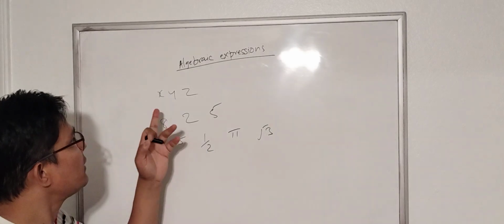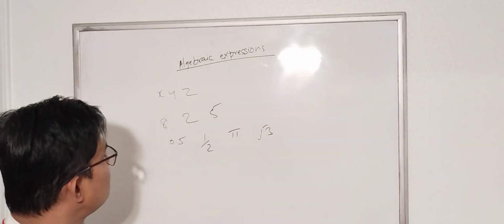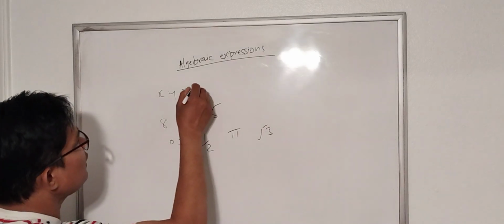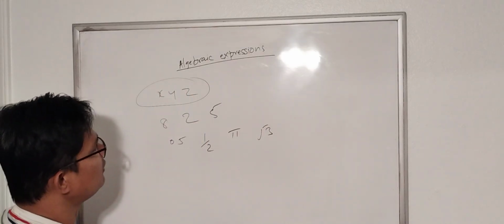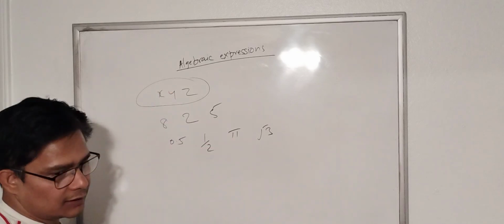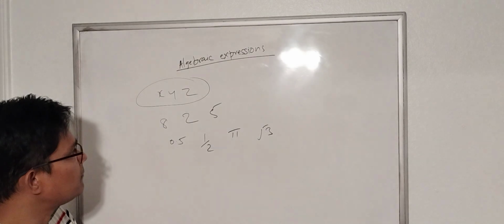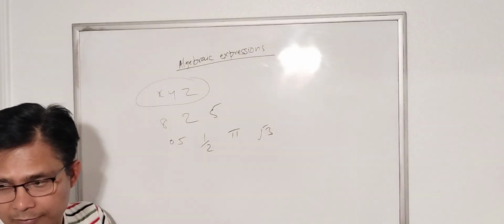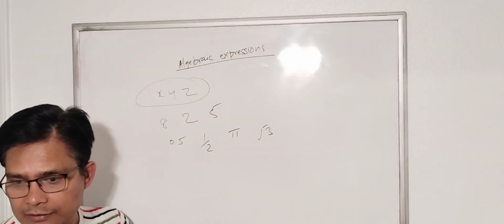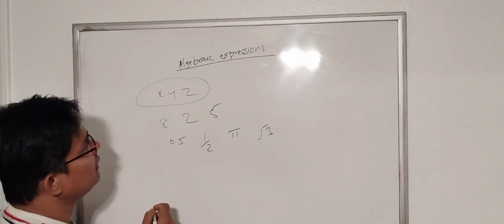These are the constants, and x, y, z, these are the general variables, okay. So now combinations of these with the mathematical operations like addition, subtraction, multiplication, division, that will make algebraic expressions.